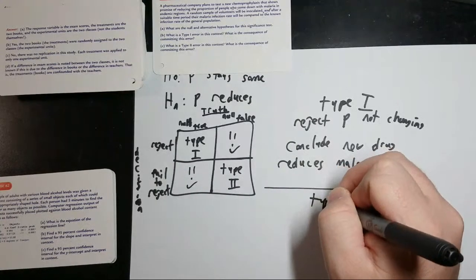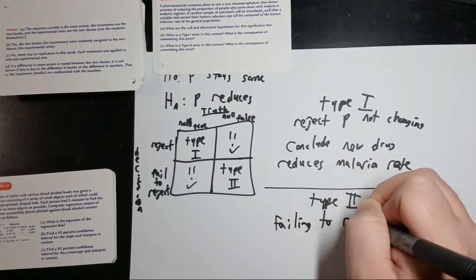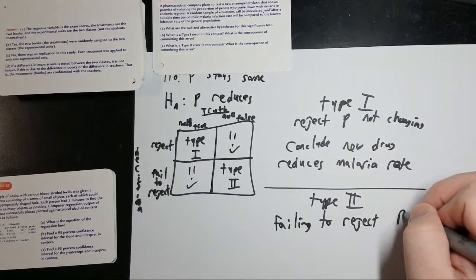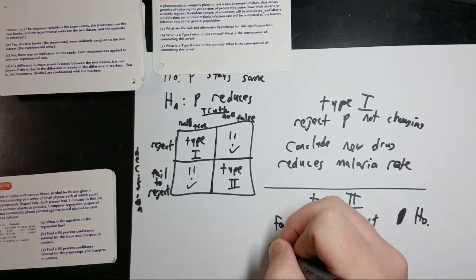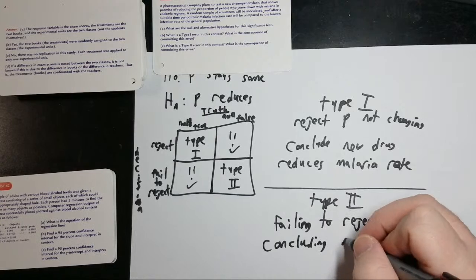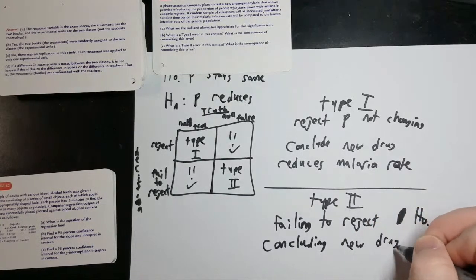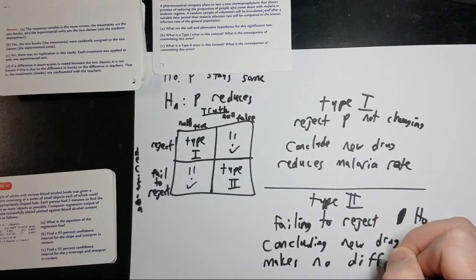Now, a type 2 error would be failing to reject the P not changing, or the null hypothesis. Basically, you are concluding there's evidence to suggest the new drug makes no difference, when in reality, it does.